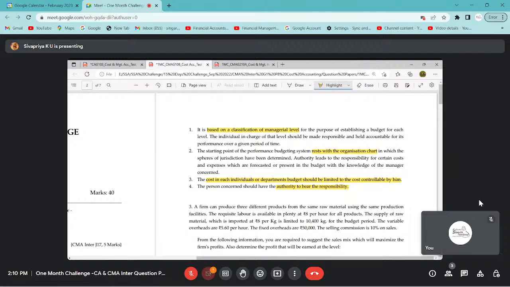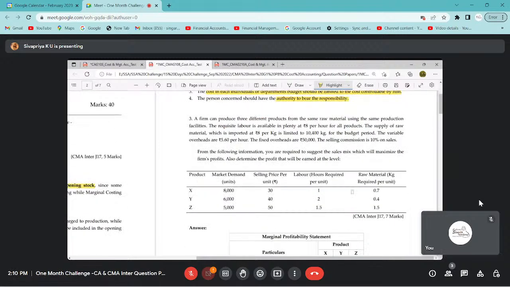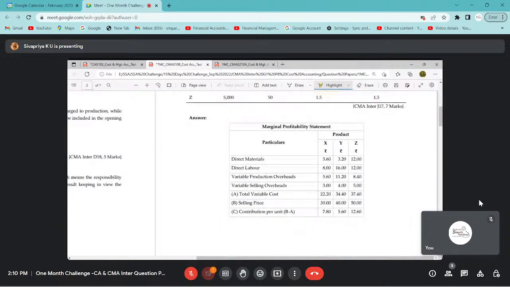Then question number 3. You have to prepare the sales mix. The marginal profitability statement is given for products X, Y and Z. Contribution per unit is calculated as 7.8, 5.6 and 12.6.